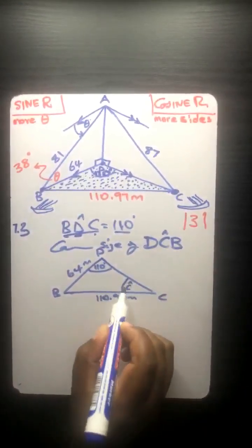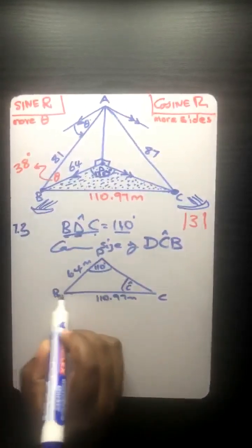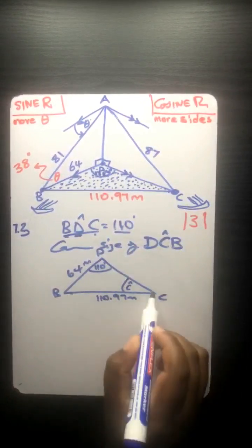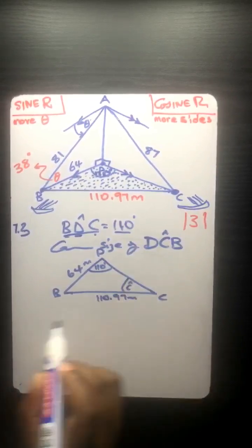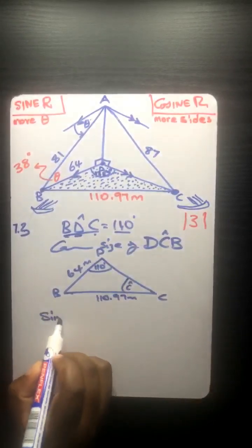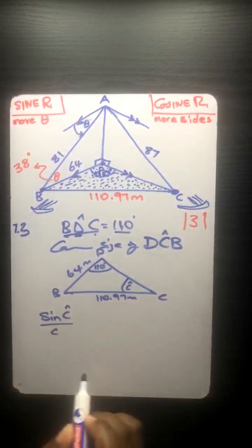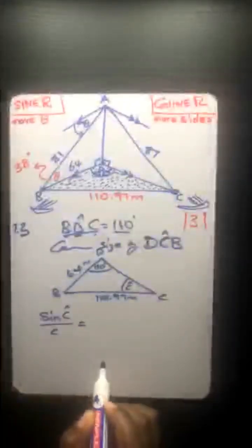Because you realize the angle that you're looking for is opposite to the known side. This side is opposite to the known angle. So it's a matter of how you then structure your formula. Because it is the angle that you're calculating, that's why you must write sine at the top firstly. But if it was the side that you're looking for, you're going to start with C being the side. It makes it easier. You will notice why.